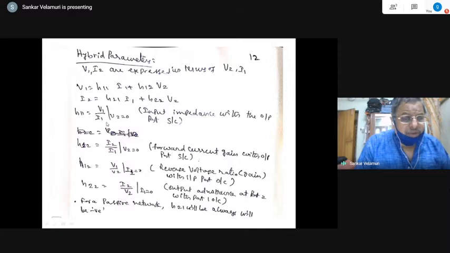So for illustration, but so far I did not see hybrid parameters being asked many times in the GATE examination for solving. But this is a very important one. The inverse transmission and inverse hybrid parameters are not being given.